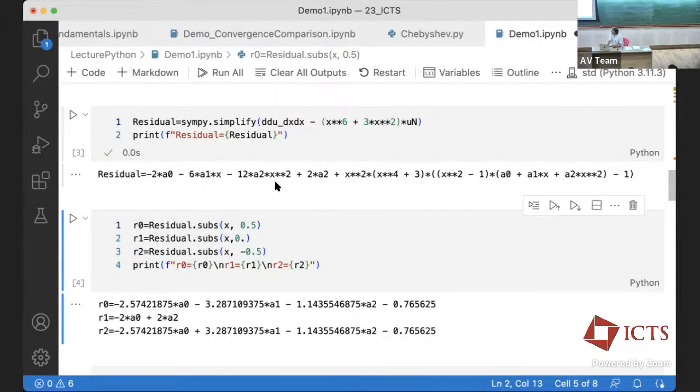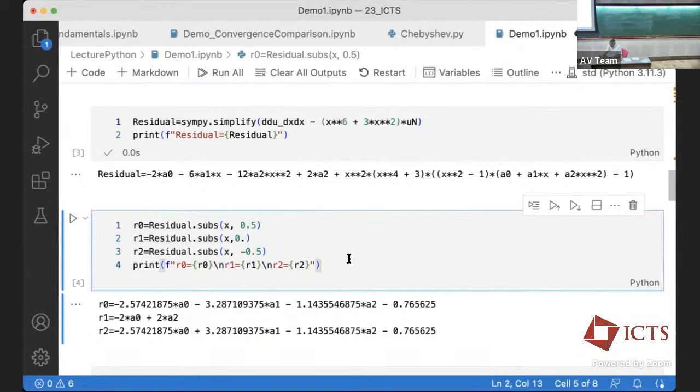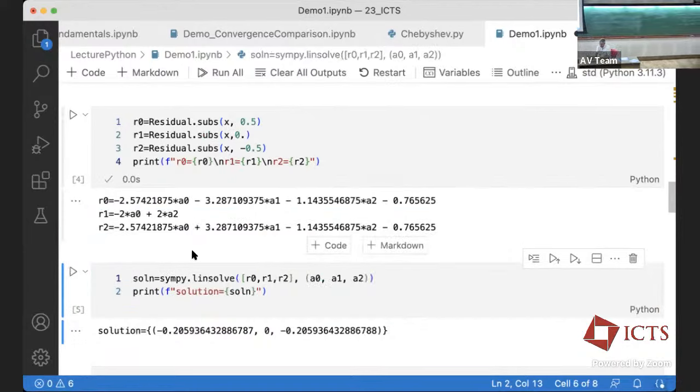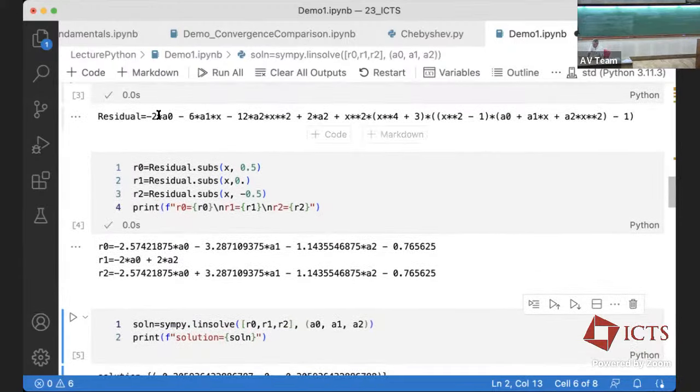And now we want to compute the residual at x equals plus minus 0.5 and at 0. And out come, as promised, 3 linear equations where the coefficients simply are whatever these complicated expressions are evaluated at 3 different values of x.